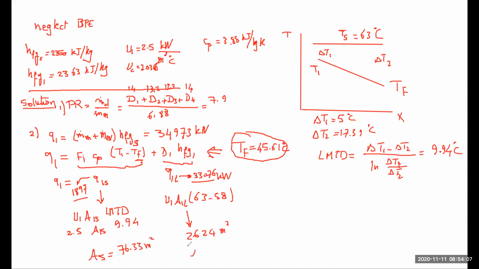And the area here, latent, is 2624. Now you can watch the difference between them. Actually, in that case, AS is almost 2% of the value of A latent. Will it be safe to neglect this value?